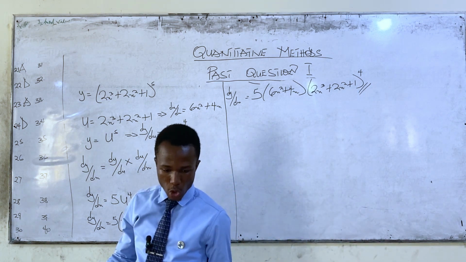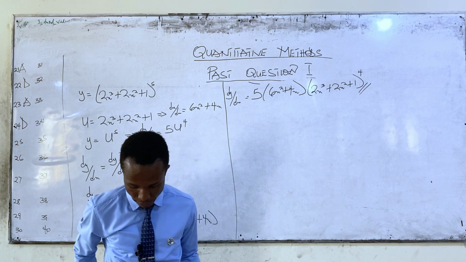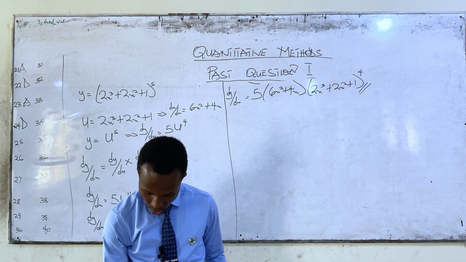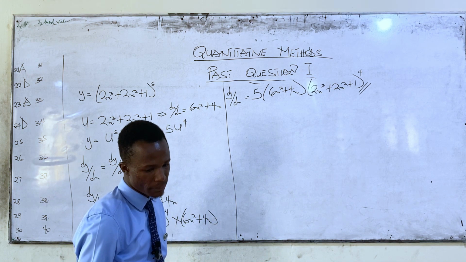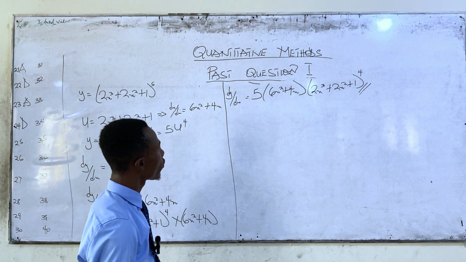And when you check from the options, what do we have? Question 25 is option C. No, it is not option C. 5 into brackets 6x squared plus 4x, right?